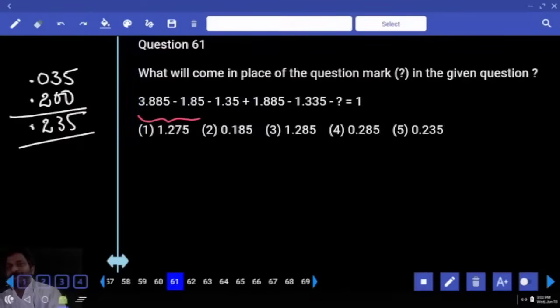So I am taking one positive, one negative, so that it becomes easy for us in calculating values. Understood? So it's up to you. Whichever way you want, you can calculate. You can take a combination of positive and negative numbers, or you can consider all positive numbers once and all negative numbers next. It's up to you.